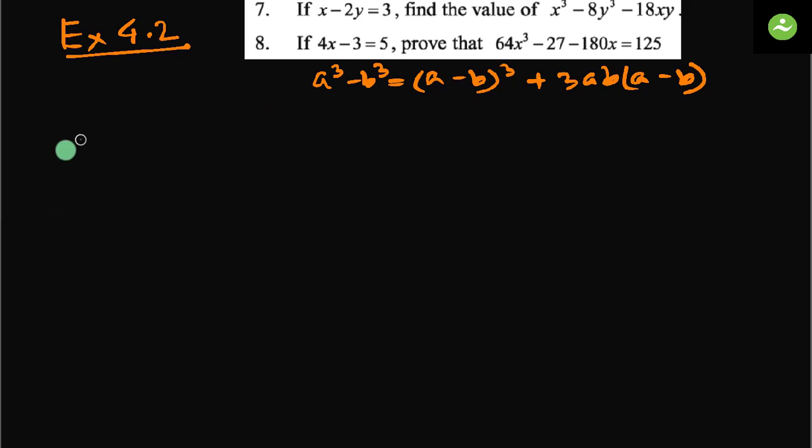Now question number 7: x minus 2y equals 3. Find the value of x cube minus 8y cube minus 18xy.